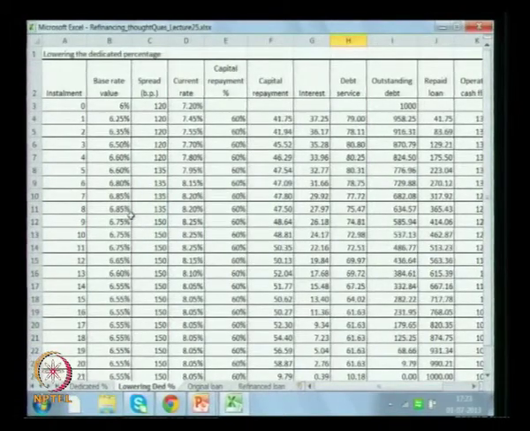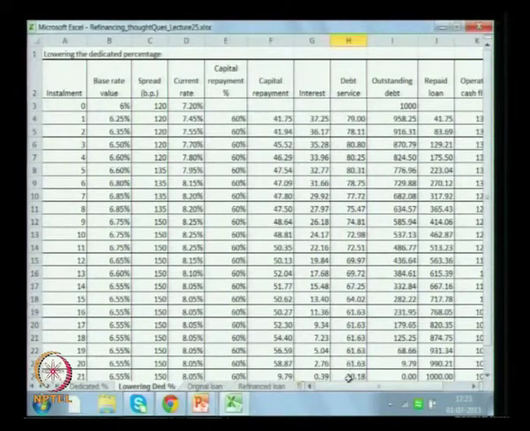We are reducing the capital repayment percentage and we are increasing the tenor of the loan, and the base rate value and the spread in terms of basis points are given for each of the installment periods, and we calculate the current interest rate for the respective installments.